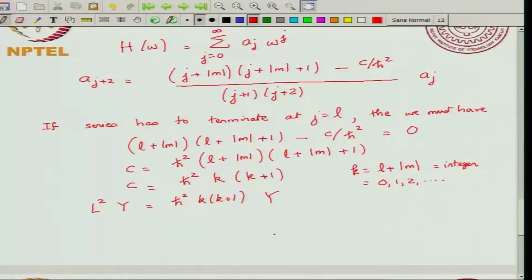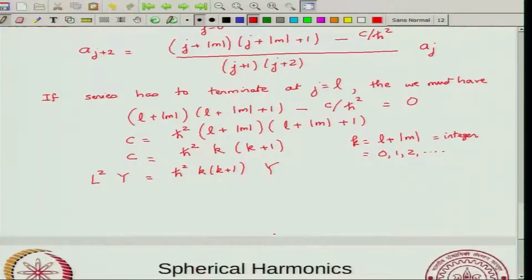So when this series terminates, the solutions, so this Y of theta phi takes the following form.